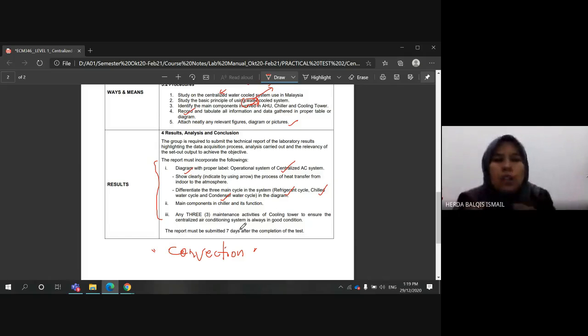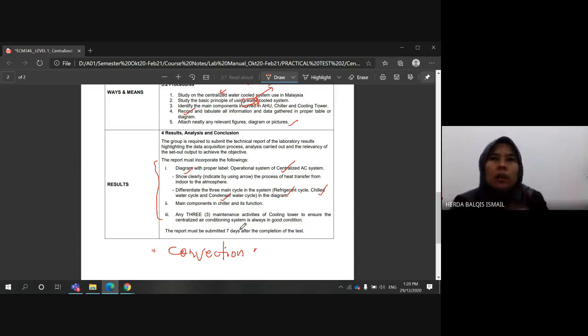Basically, we know that in the chiller there are four main components: the evaporator, compressor, condenser, and also the expansion valve. The evaporator's main function is to absorb heat. So in this context, the evaporator in the chiller will absorb heat from the AHU piping system, or the ducting and so forth.